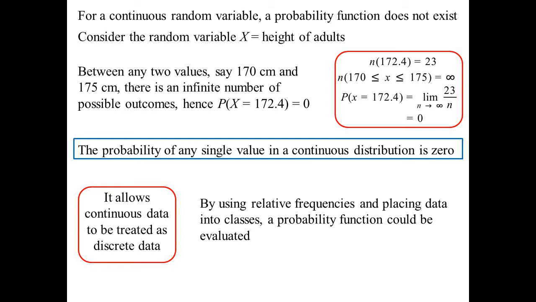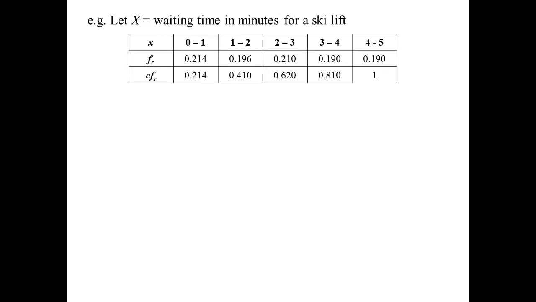If it falls into that class, we can give it a discrete number, and we can turn it into discrete. So, waiting time for a ski lift. You've gone skiing, and we've put the times into class intervals of a minute in length: 0 to 1, 1 to 2, and so on up to 5 minutes. The relative frequencies are there, and I've listed the cumulative relative frequency as well.